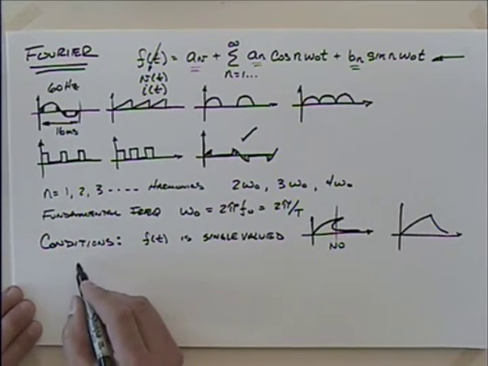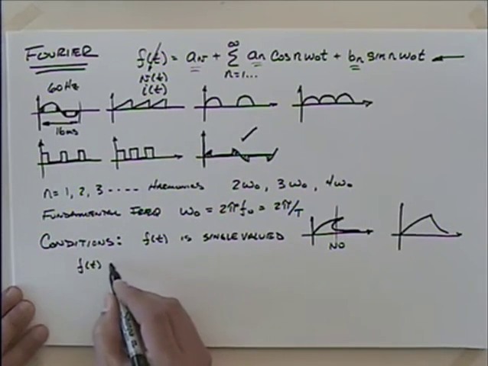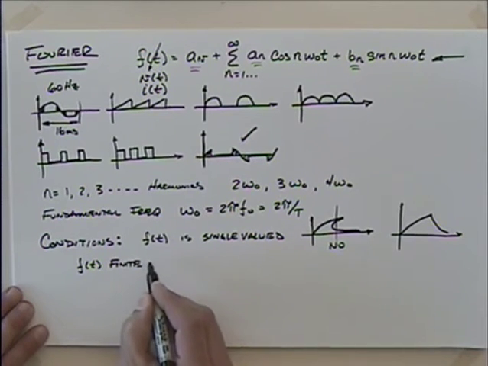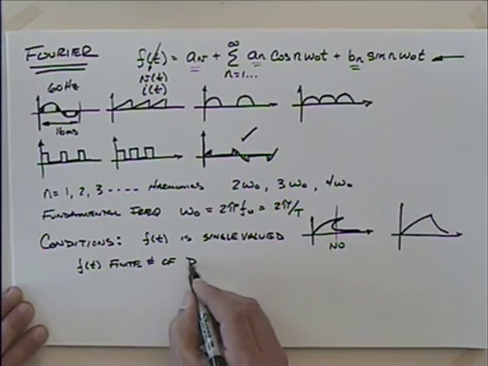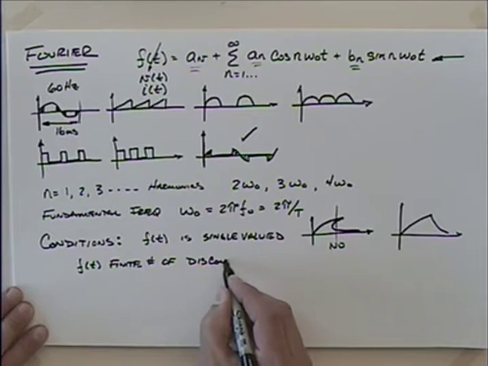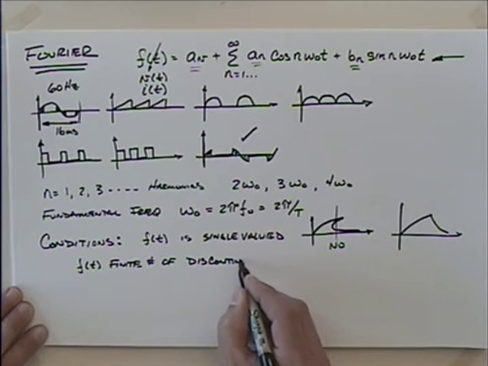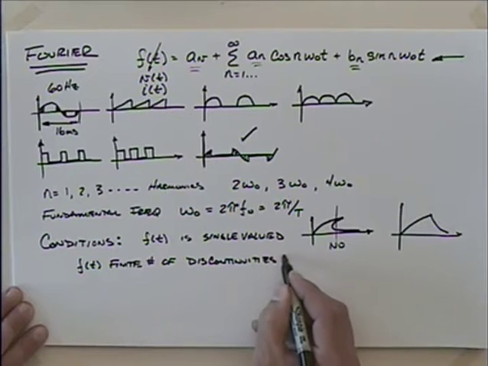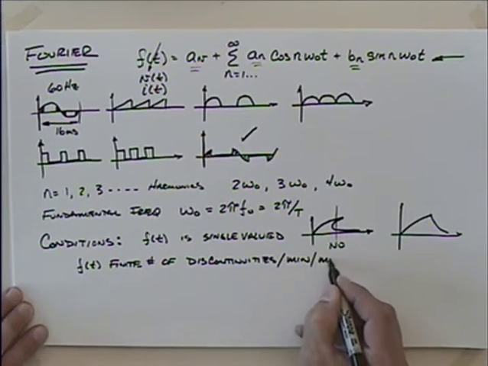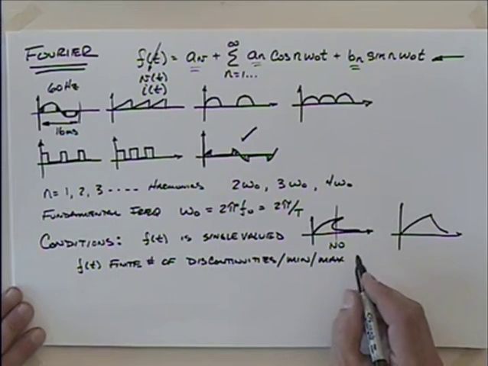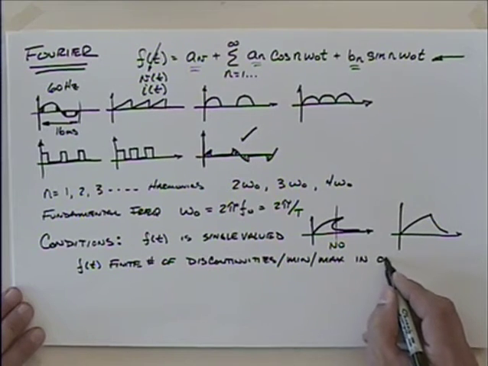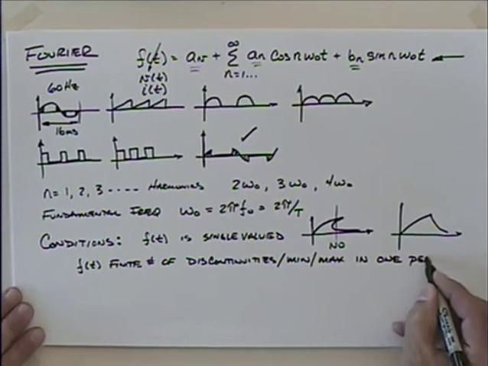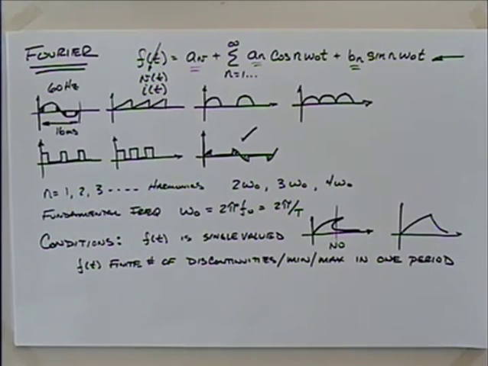The other thing, f of t has a finite number of discontinuities or minimums or maximums in one period.